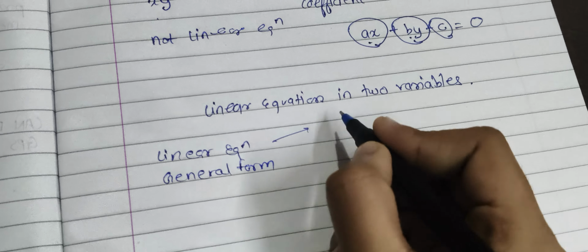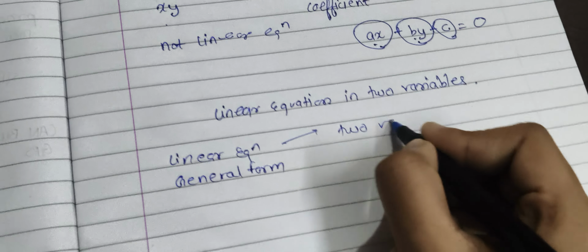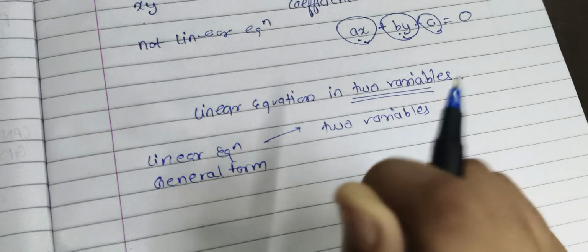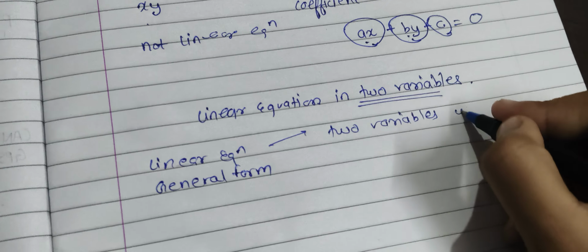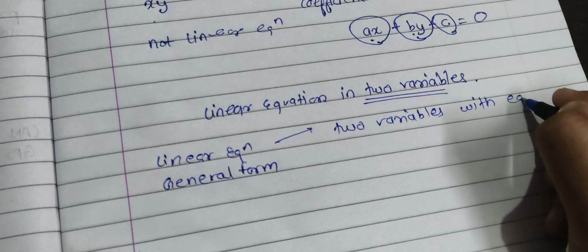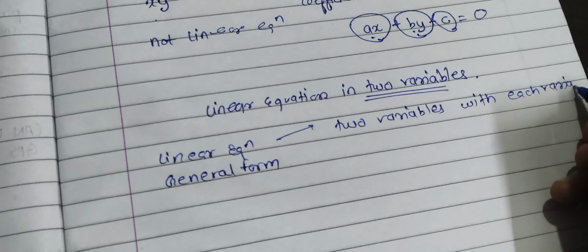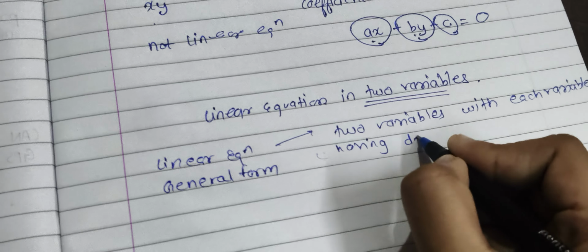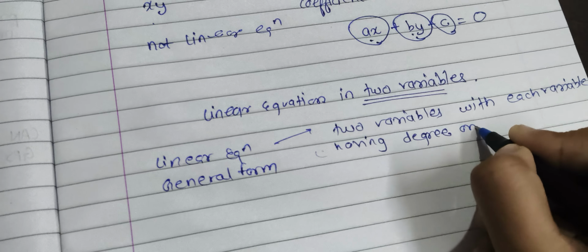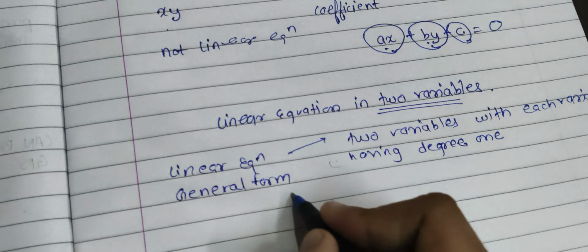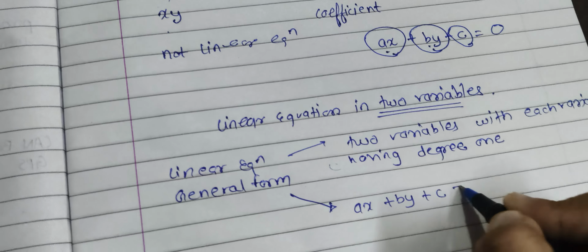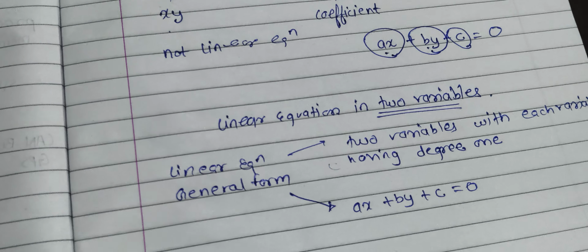A linear equation contains two variables, with each variable having degree 1, and the general form of it is ax plus by plus c equal to 0.